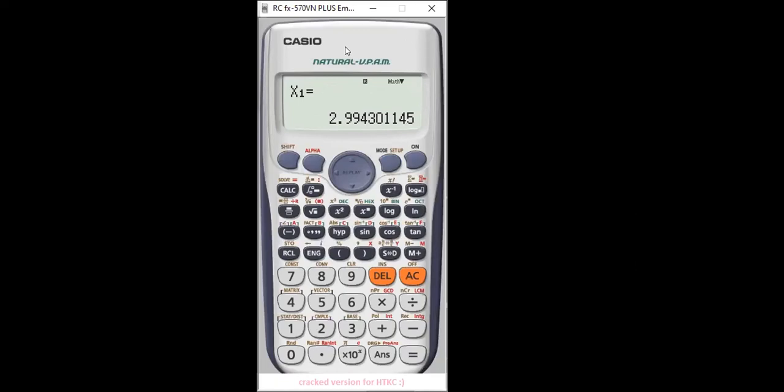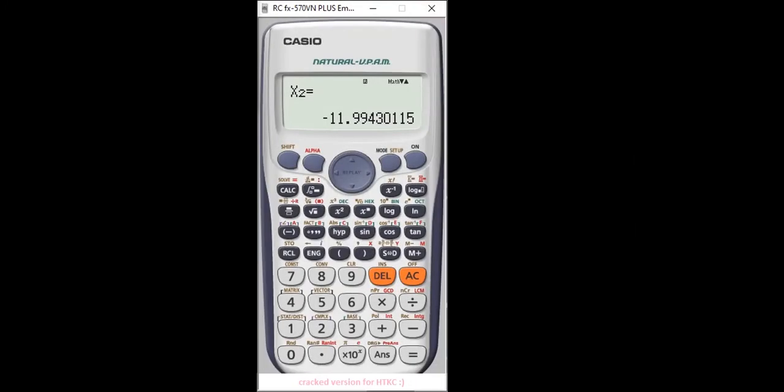Okay? Upon calculation, we have value of x1 is equals to 2.9943 or almost 3.0. Then yung second value natin is negative 11.9943 or almost negative 12. Since edge o since distance ng edge yung pinag-uusapan natin, kailangan hindi negative yung value natin.